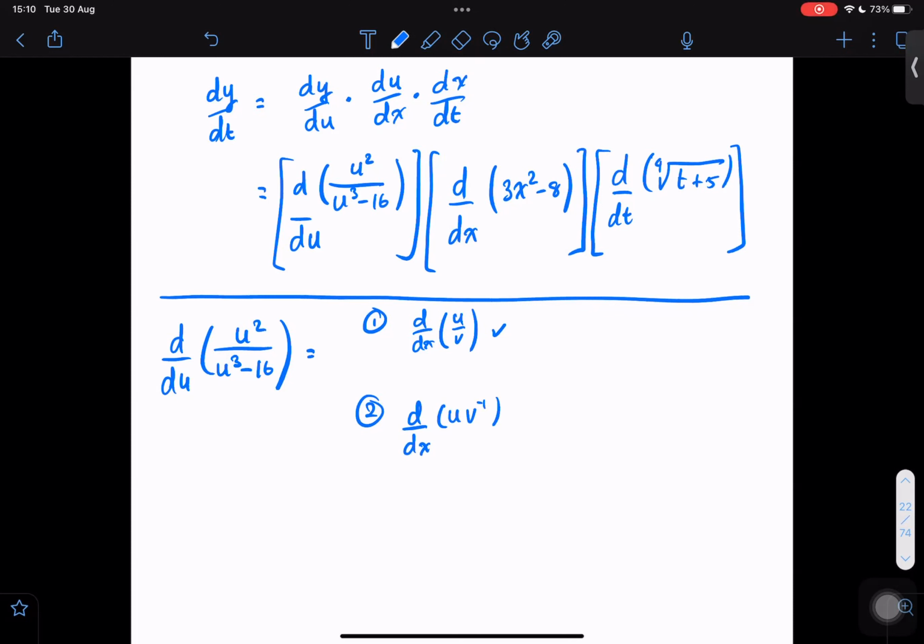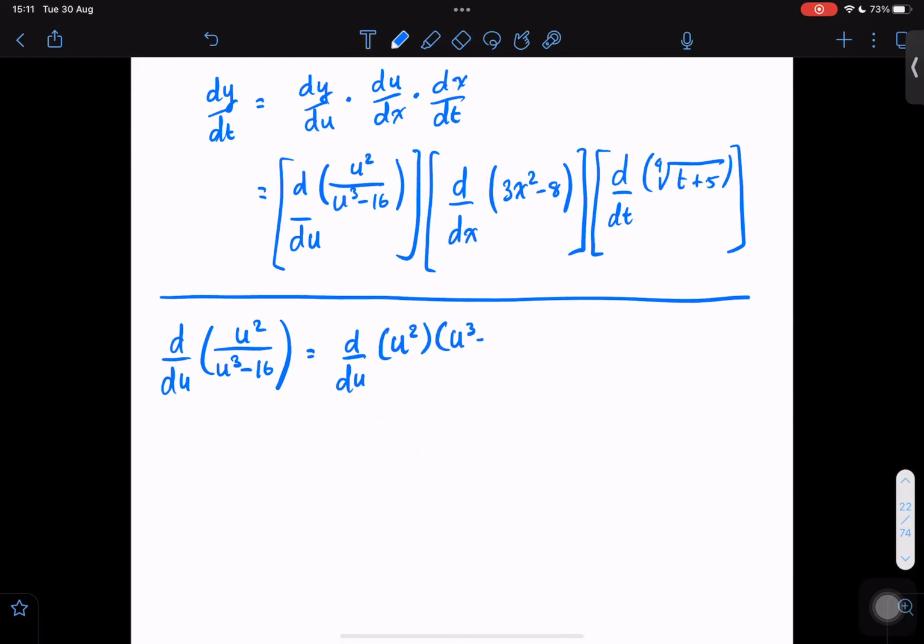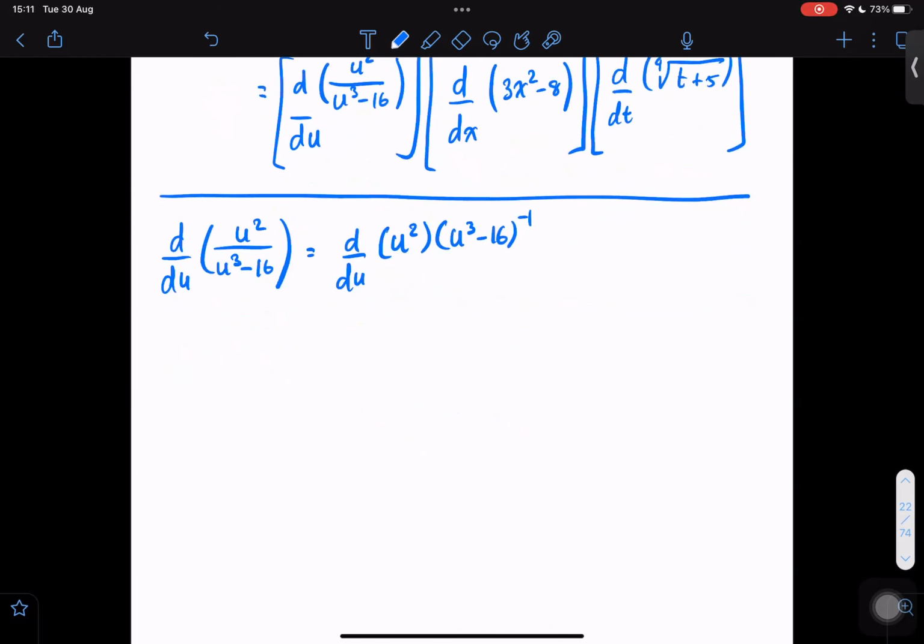You can do both of them, but in this case I will use this one. So this thing will equal the derivative of u squared times u cubed minus 16 to the minus 1, and then do the multiplication rule.